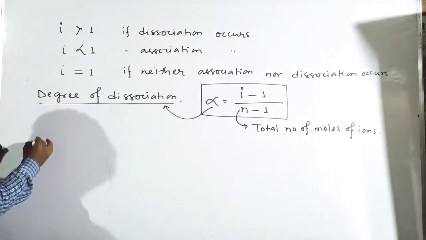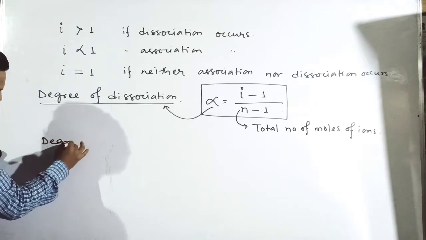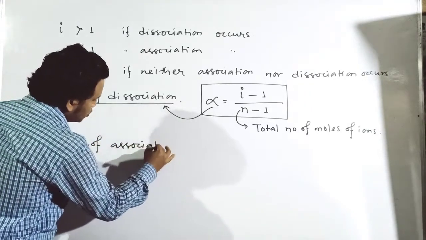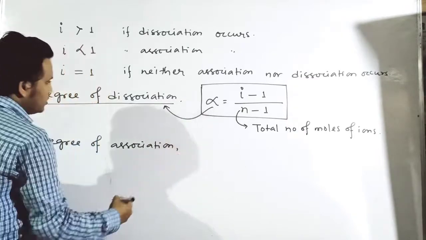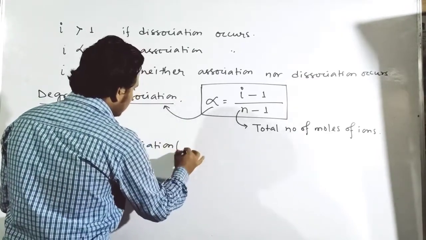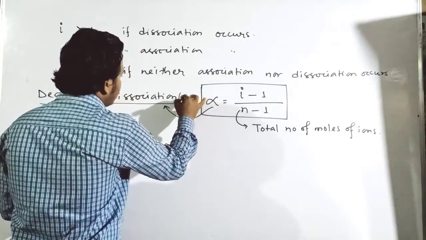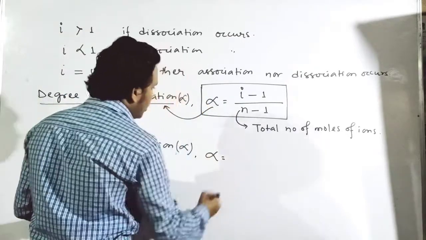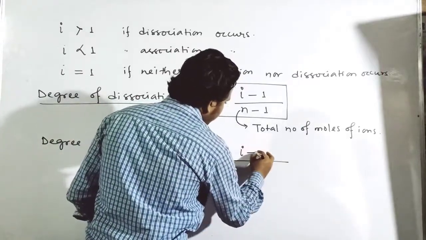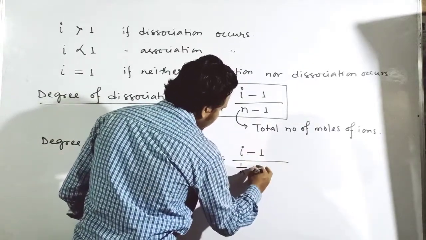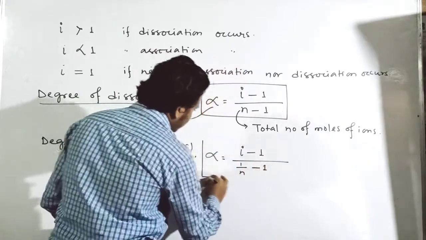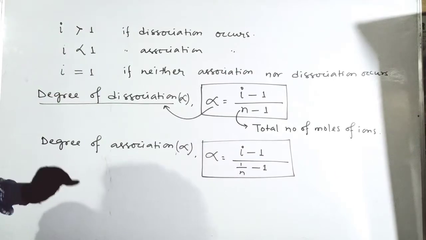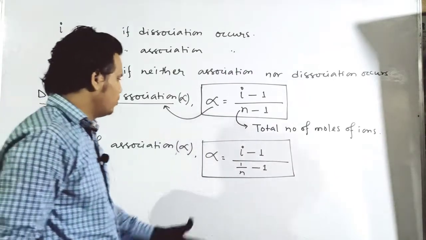Now, degree of association. What is the formula for this? Degree of association is also denoted by alpha, and the formula is alpha equal to I minus 1 divided by 1 by n minus 1. What is alpha?